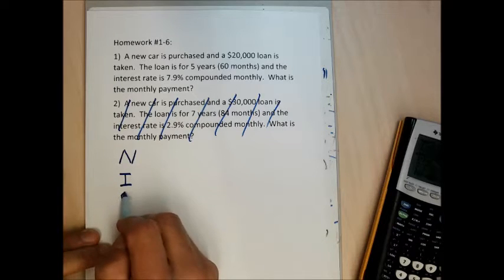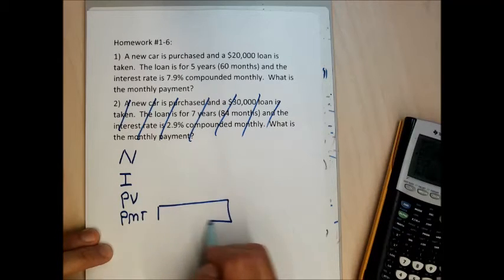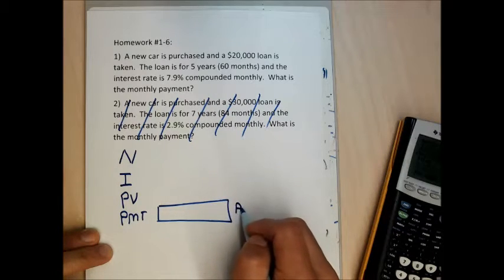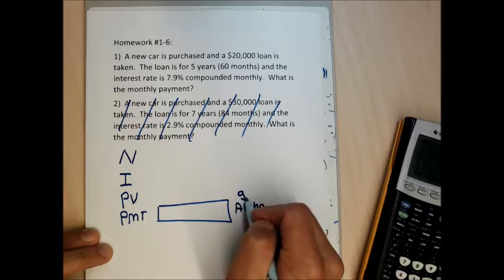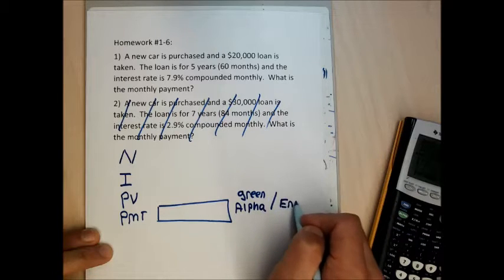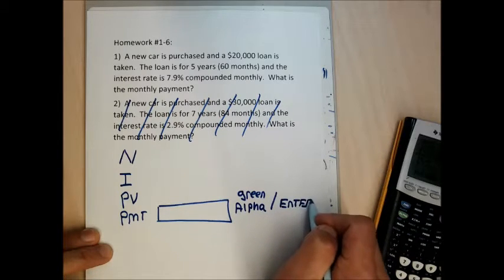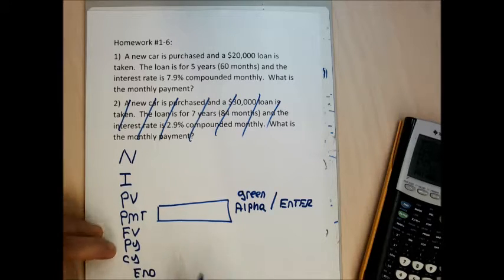And on that Apps TVM Solver screen, I'm going to enter values for everything but PMT. And at some point, I'm going to get my cursor blinking on that PMT, and I'm going to tell my calculator to solve for the payment.